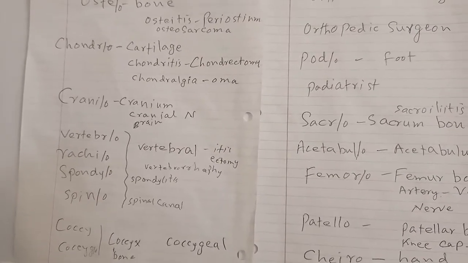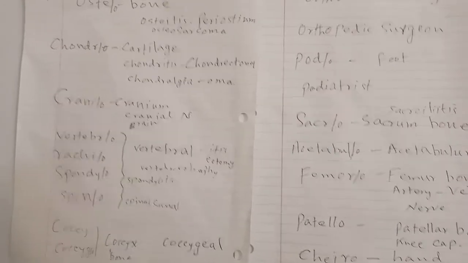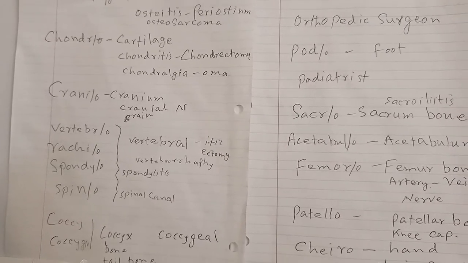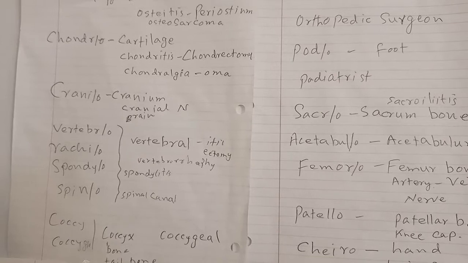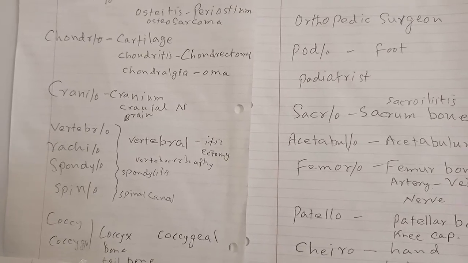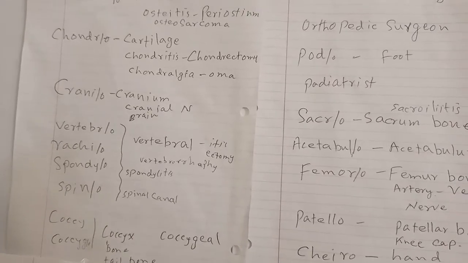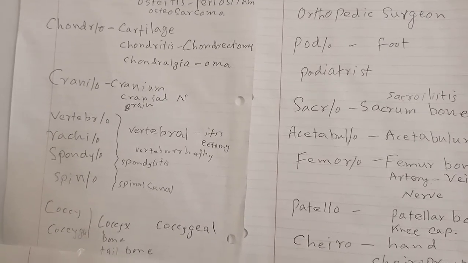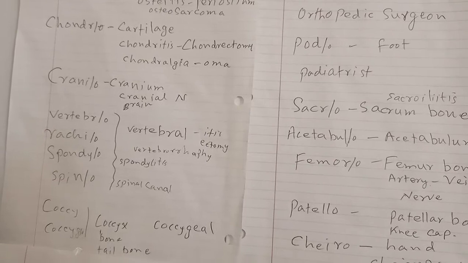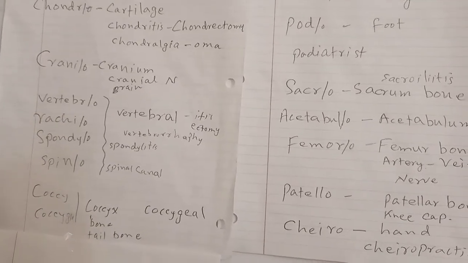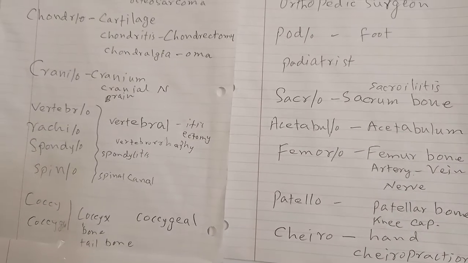Now there are a few word roots which have the same meaning: vertebral bone, one single bone of the backbone. They are vertebro, rachio, spondylo, and spino. All meaning vertebra, a single bone of the backbone.